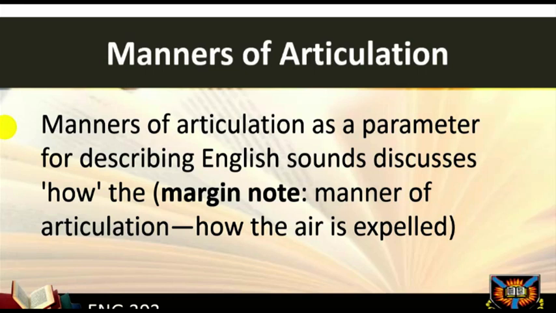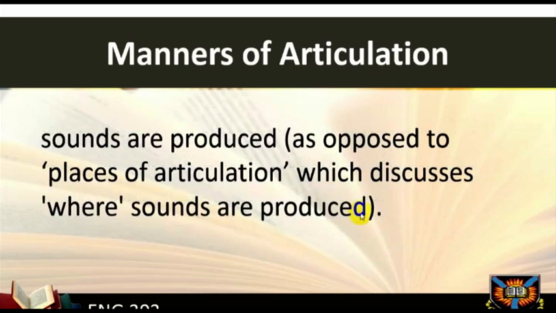In this section, we will discuss the manners of articulation of English sounds. Manner of articulation discusses how the air is expelled and how sounds are produced, as opposed to places of articulation, which discusses where sounds are produced.